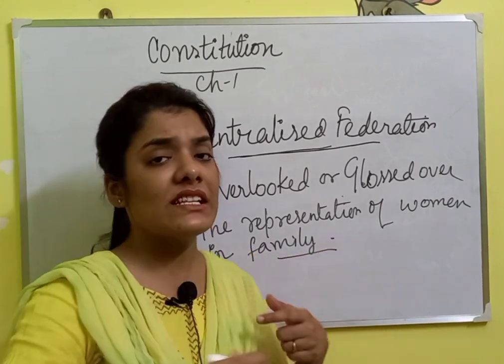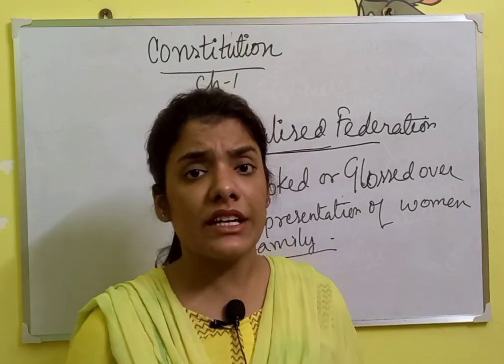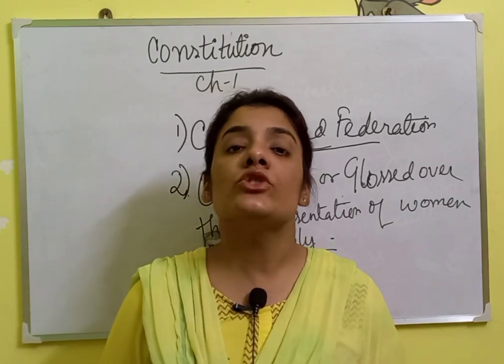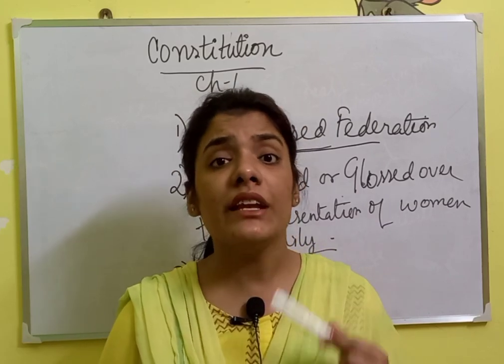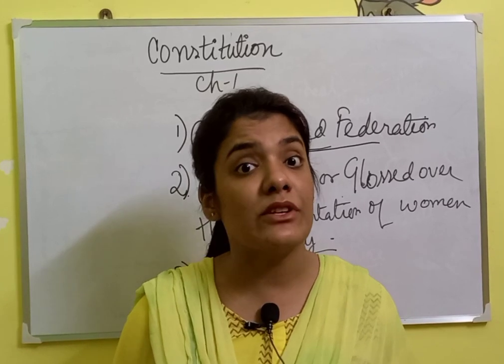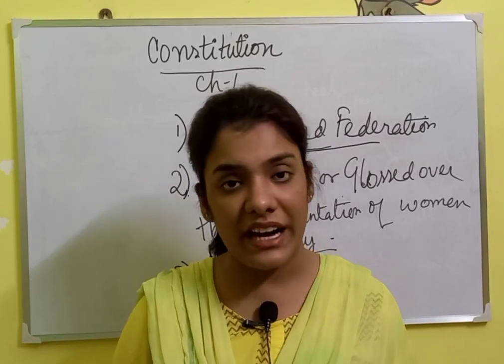Now, what is the third limitation of the Constitution? The third limitation is that the social and economic rights of the minorities have been included in the directive principles of our country.